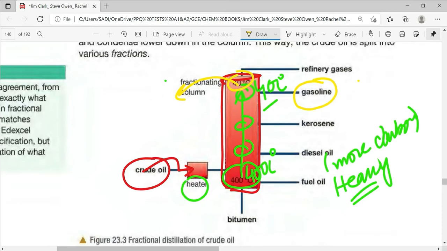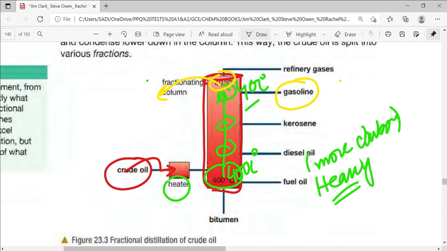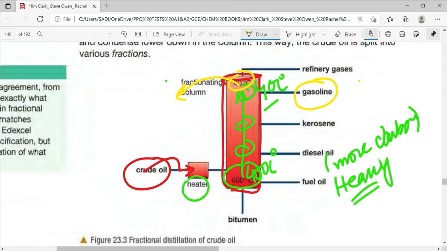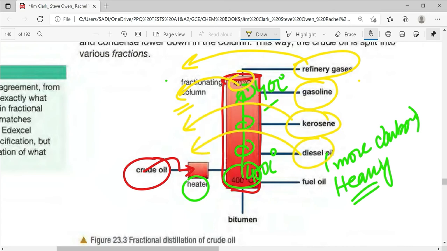The refinery gases are at the top, to be collected at this point. So first refinery gas at the top, then gasoline, then kerosene, then diesel oil, then fuel oil, and then we collect bitumen.